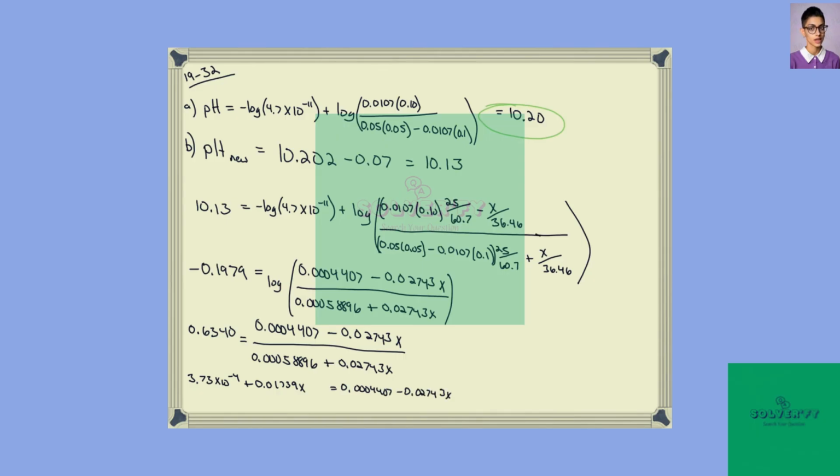Then we need to collect our like terms. We'll put all the x terms on the left hand side and all the non-x terms on the right hand side. And then we'll divide both sides by 4.48 times 10 to the negative 2 to isolate x. When we do that, x equals 2.79 times 10 to the negative 3, and because when we set up the equation we defined x to be the grams of HCl, then this will have units of grams HCl.